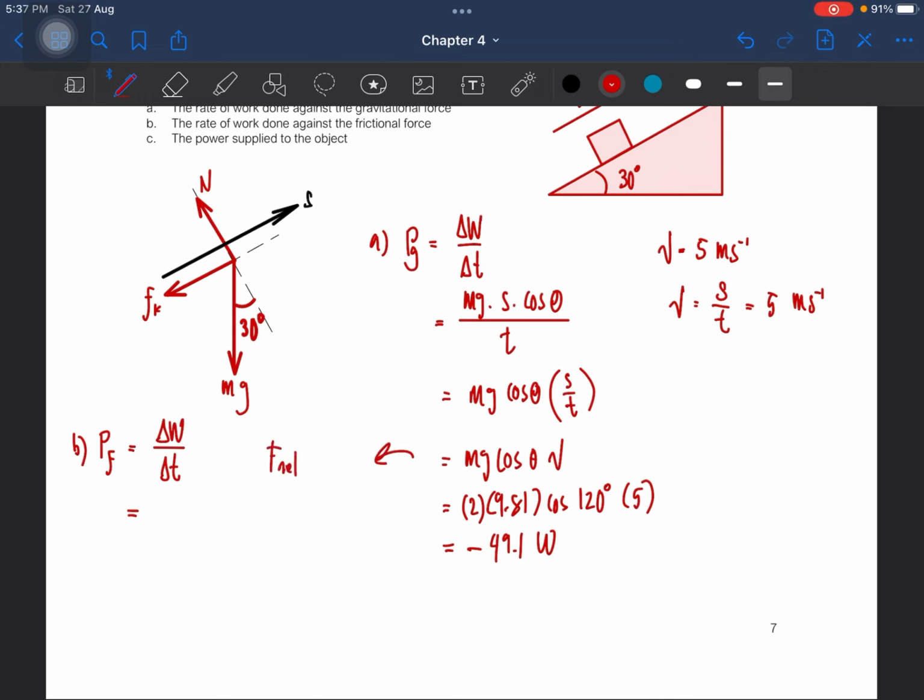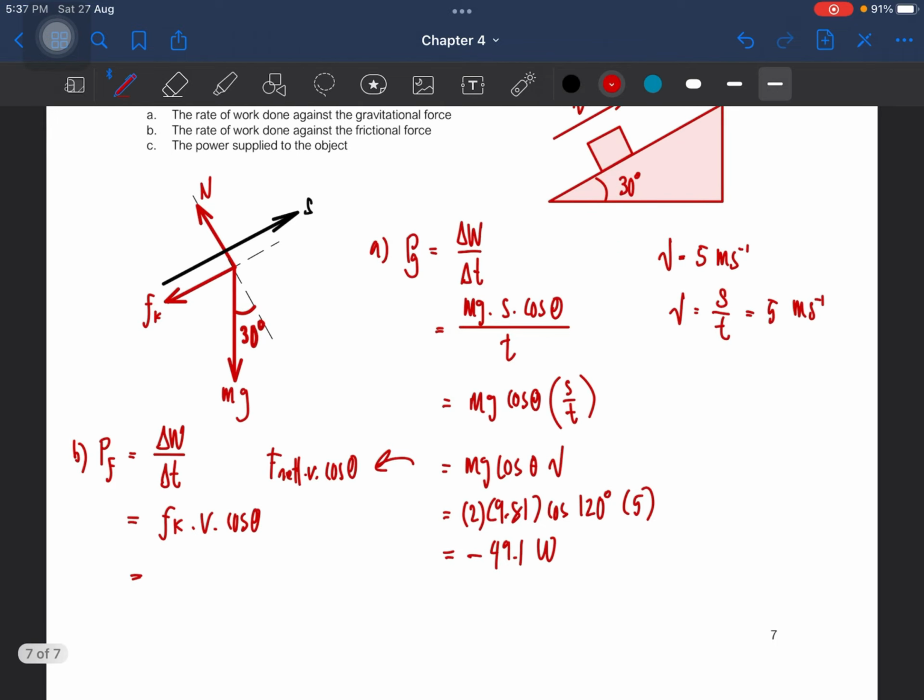So F net V cos theta. Then we do like just now. So net is friction times velocity cos theta. So what is your value of friction now?